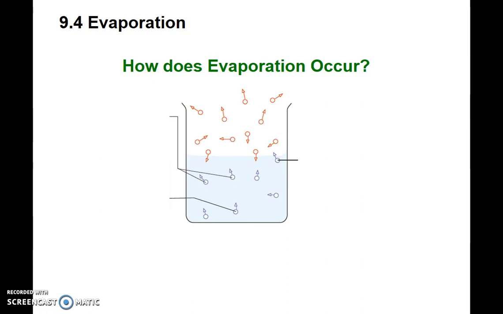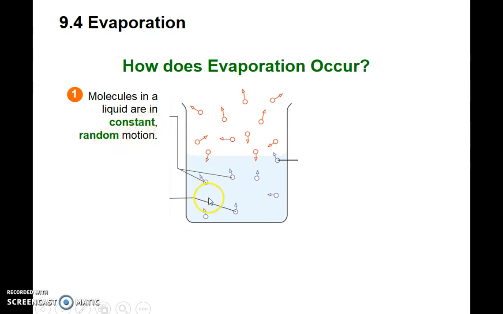So how does evaporation actually occur? I'll just show you based on a kinetic model. The first rule is that molecules are always in continuous random motion. You can see all these molecules moving in the liquid, right? Of course, they are not all moving at the same speed, but pretty much the same speed.